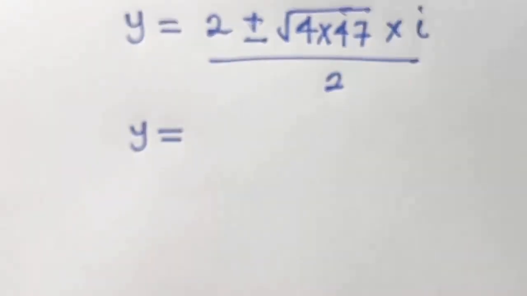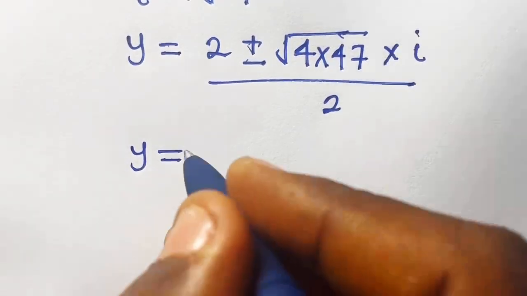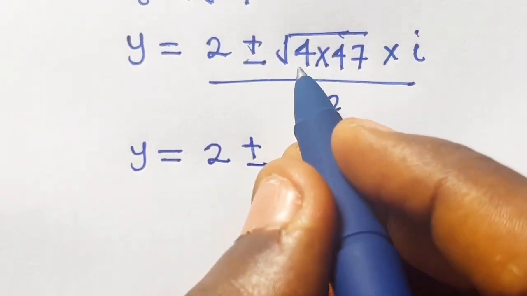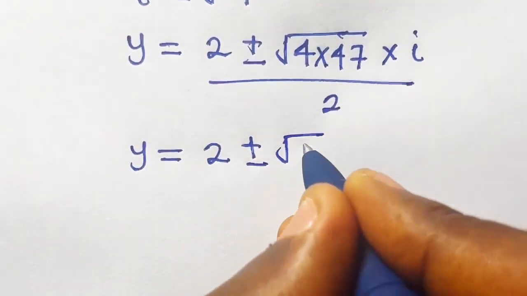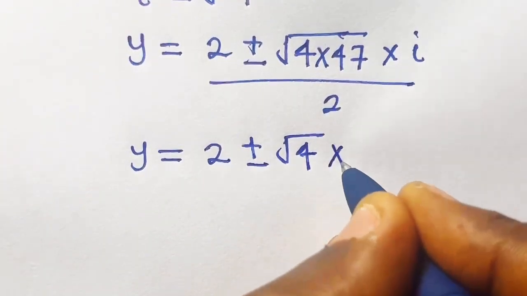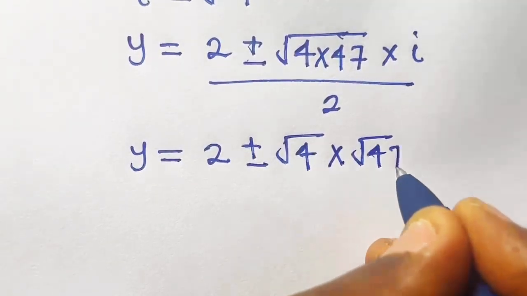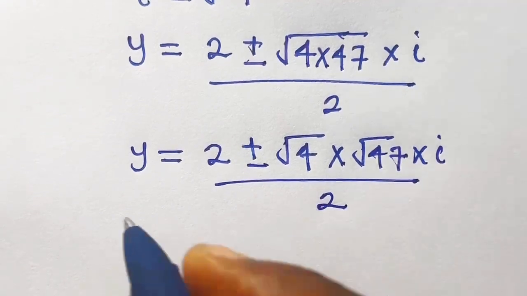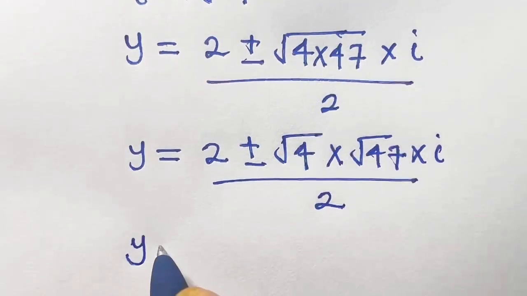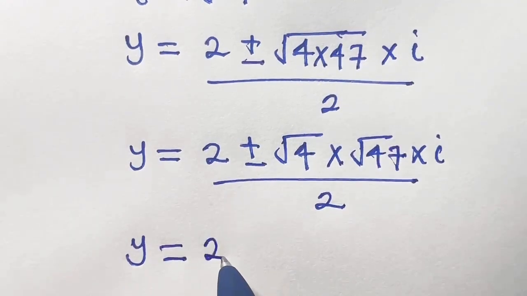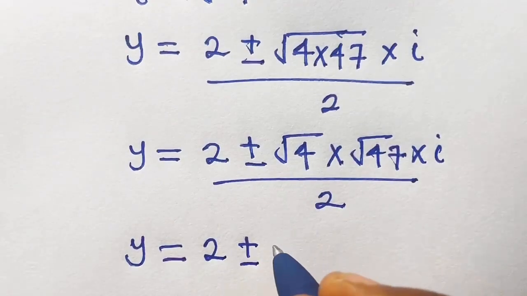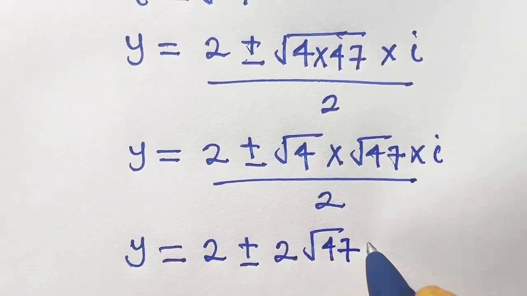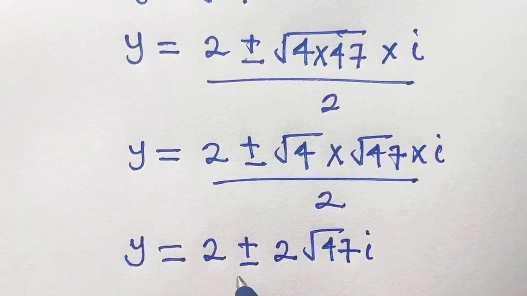So from here, we will have y equals 2 plus or minus. We can distribute this square root to both 4 and 47. We have square root of 4 times square root of 47 times i, divided by 2. So then we have y equals 2 plus or minus, square root of 4 is 2, so we have 2 root 47i divided by 2.